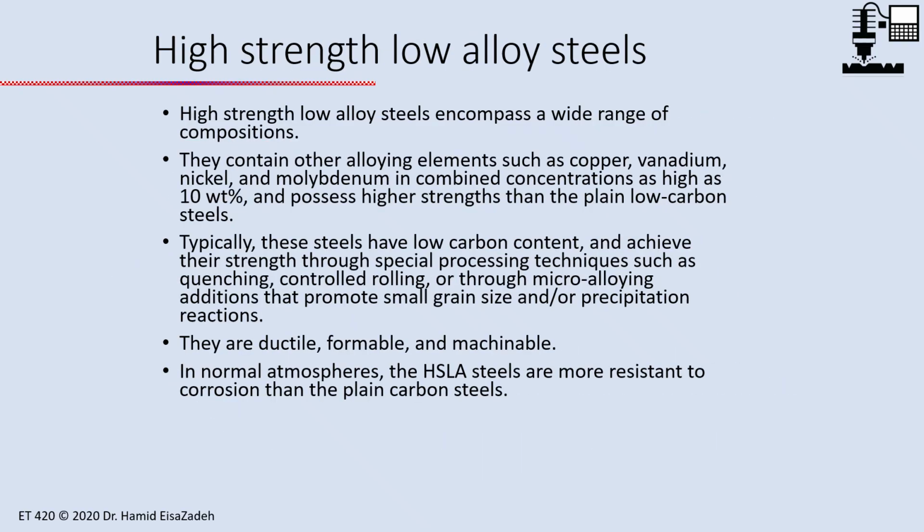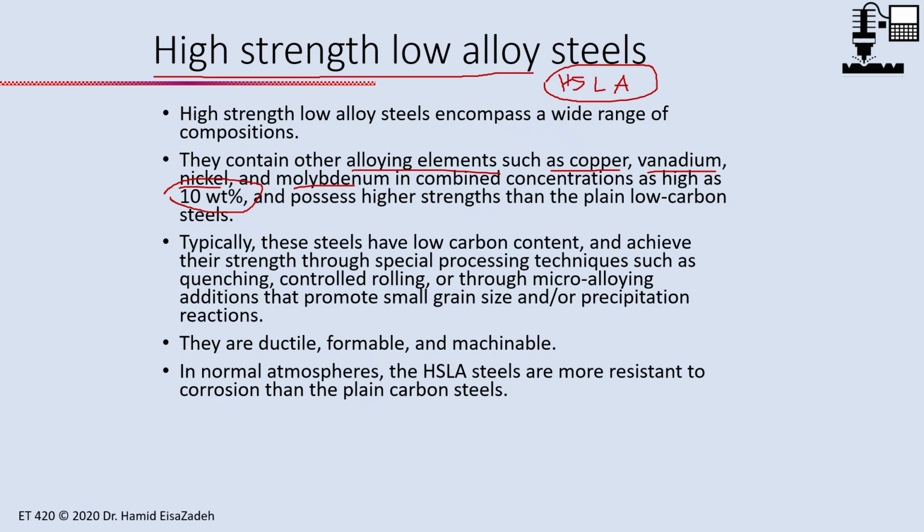Another group of low carbon steel is called high strength low alloy steel, or HSLA steel, and this is a very popular steel. They contain alloy elements such as copper, vanadium, nickel, and molybdenum, and the combination of these elements can be up to 10 weight%.